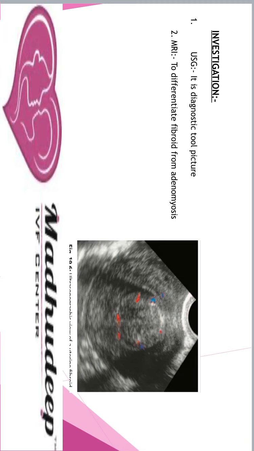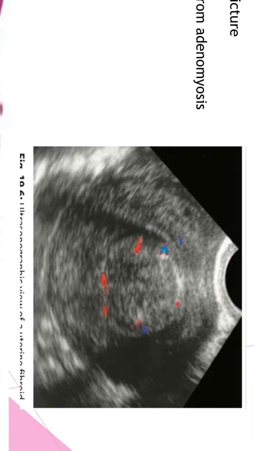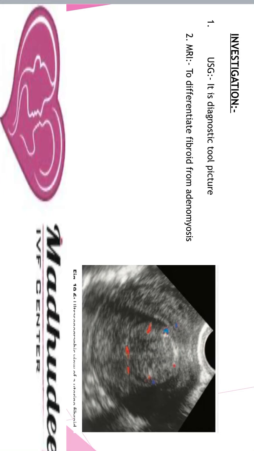Investigation. USG, ultrasound, is the gold standard diagnostic tool. The USG picture shows the central fibroid, the whole endometrial cavity filled with fibroid. Sometimes it is required to differentiate from adenomyosis. Adenomyosis may show the same picture, but how do we differentiate between adenomyosis and fibroid? In adenomyosis there are diffuse foci, so it leads to a bulky uterus and heterogeneous structure in the myometrium.